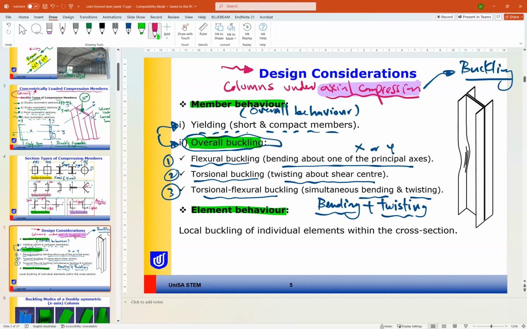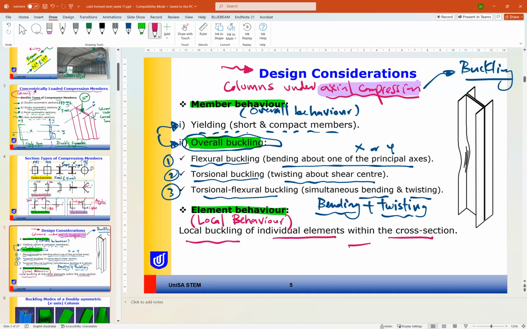Another behavior we need to consider in our design is the element behavior, or local buckling behavior. Local buckling means buckling of an individual element within the cross section.